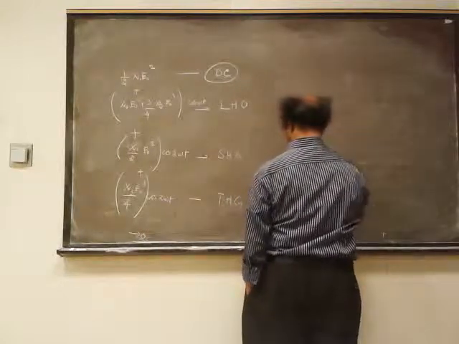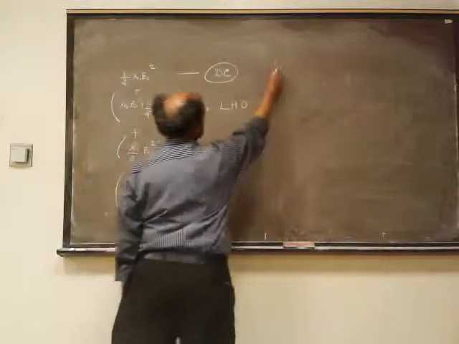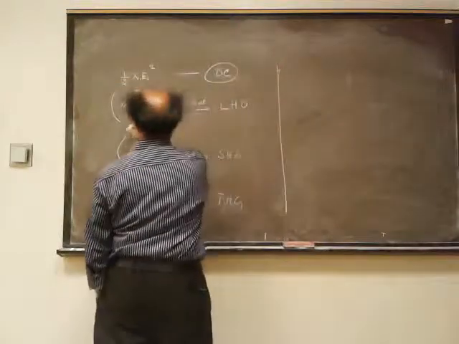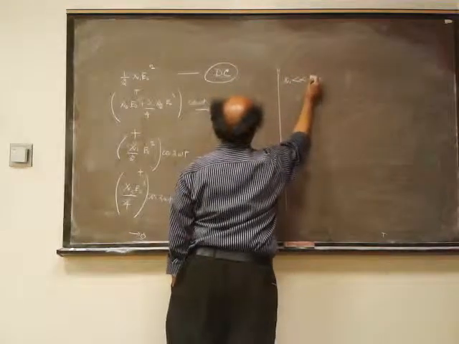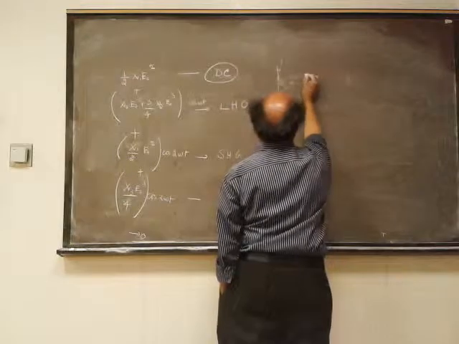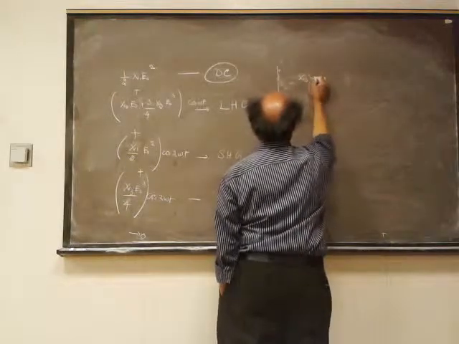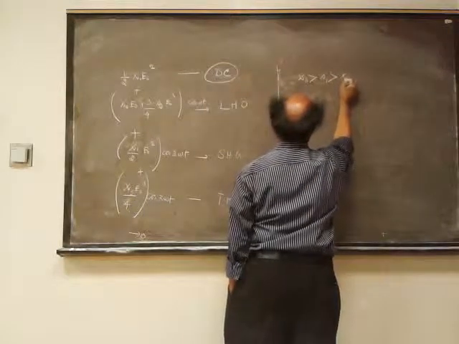Next important point is, look at this one. I will say chi 0 is bigger than chi 1 is bigger than chi 2. Okay.